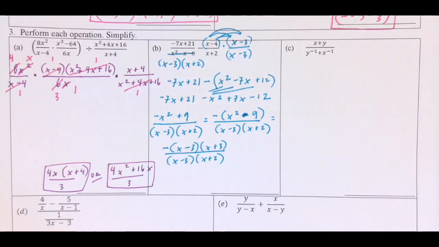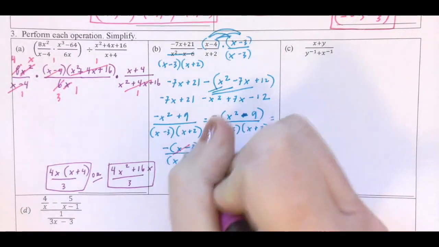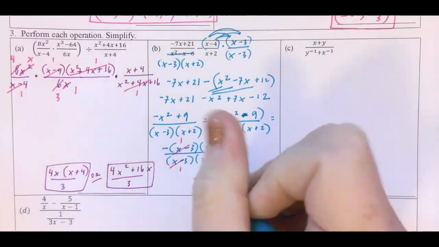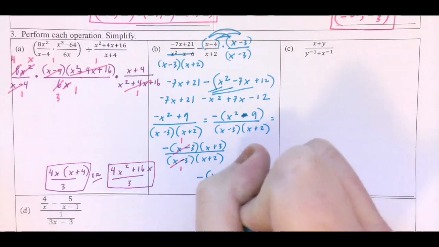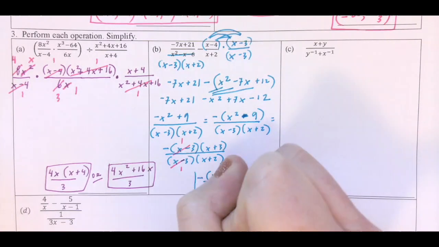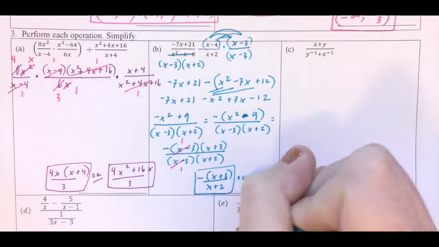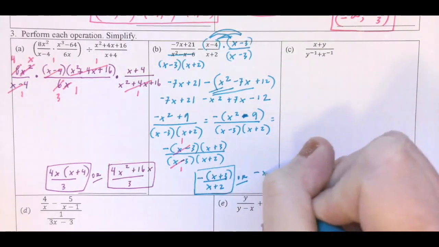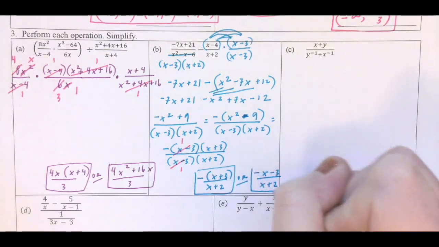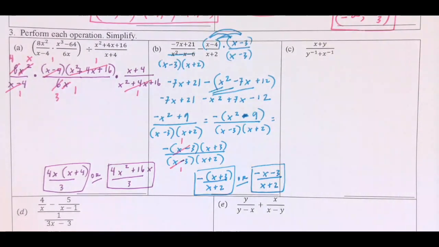Okay, good. I have something to work with. These x minus 3's will reduce down, right, 1 to 1, and I'm left with negative 1 times x plus 3 over x plus 2. Or if I distribute back out, negative x minus 3 over x plus 2. Again, we'll take it either way.